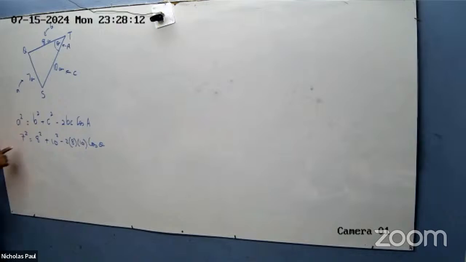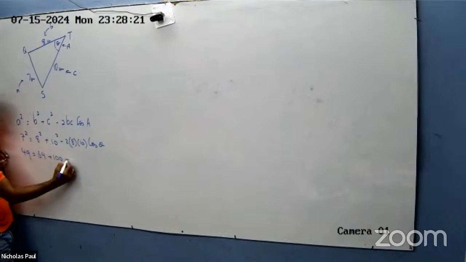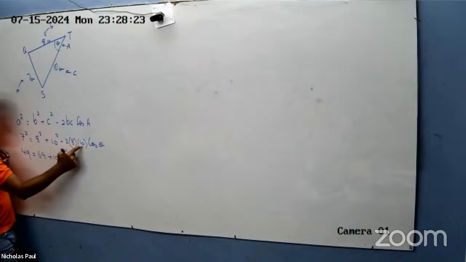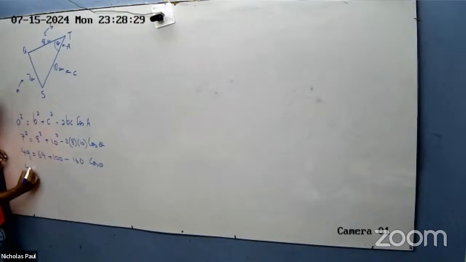All right. 7 squared is 49. 8 squared is 64. 10 squared is 100. Then work this out. 2 by 10 is 20, by 8 is 160 cosine theta. This is 49. Add these two up. Do not subtract this from this.